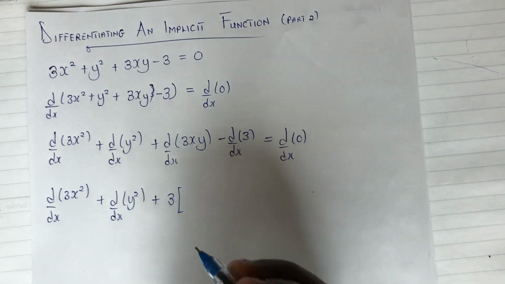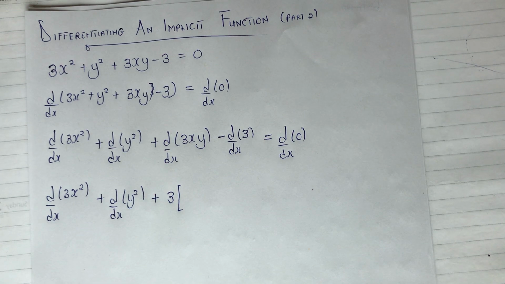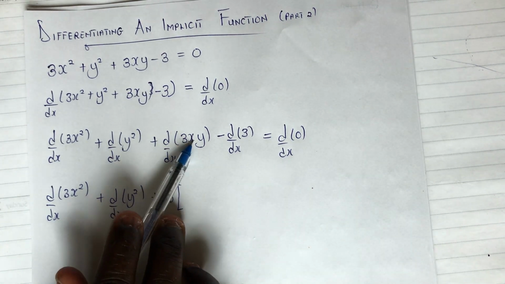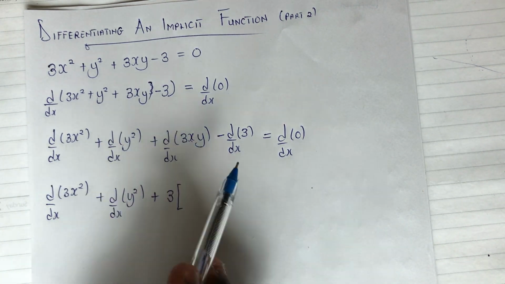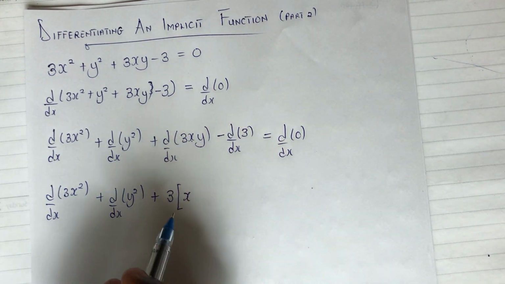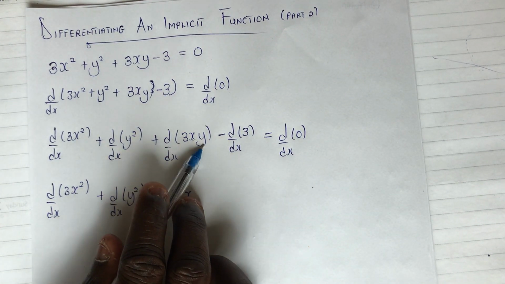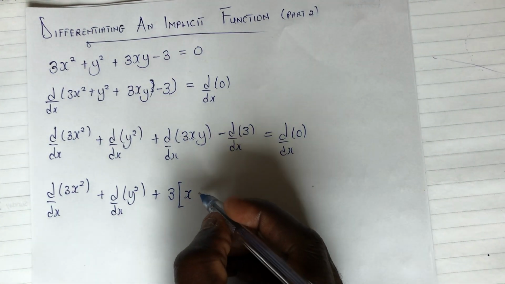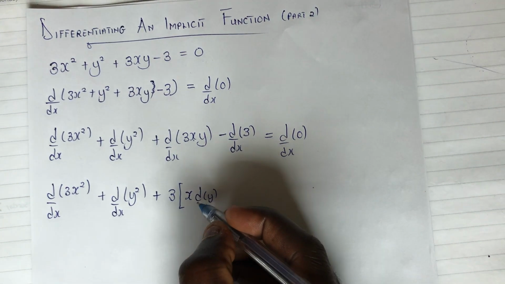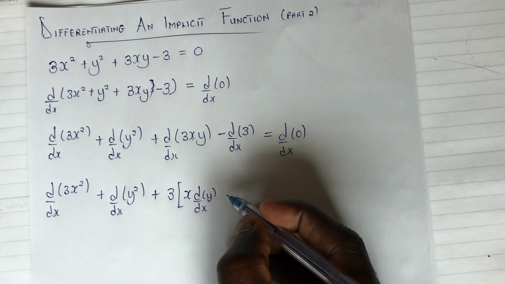Let me bring a bracket. Then I can apply the product rule. Hold the variable x, differentiate the y, or use d/dx to multiply the y. It means you have differentiated, so dy/dx.